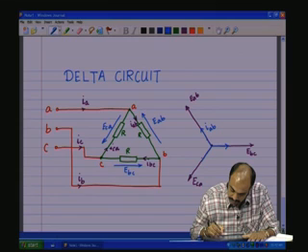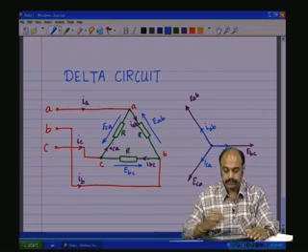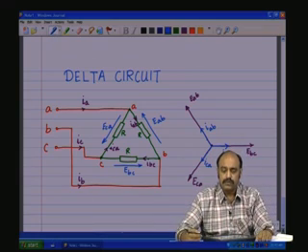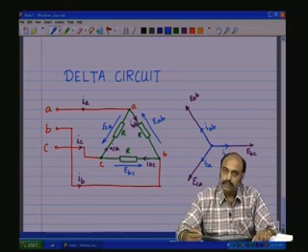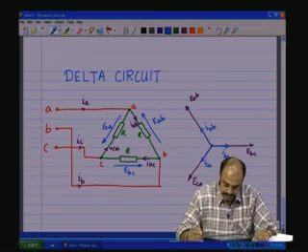So, this will be ICA, this is going to be IBC. So, we have the 3 phase currents.